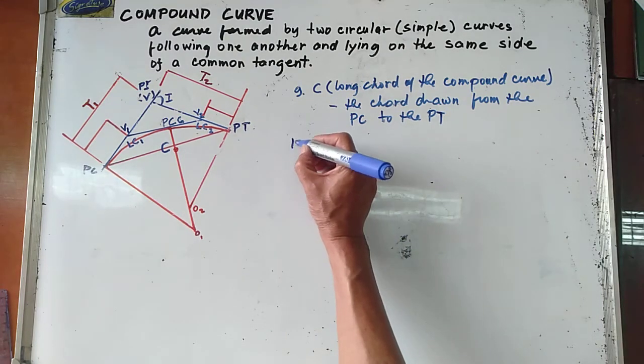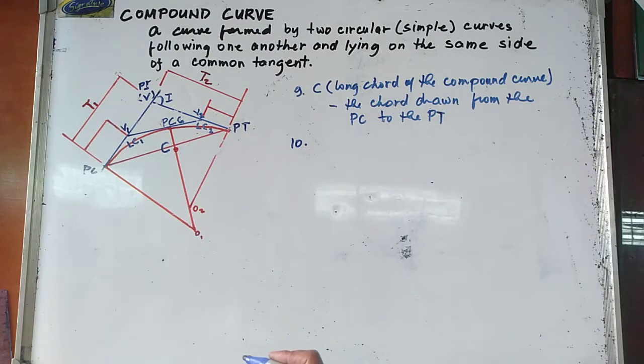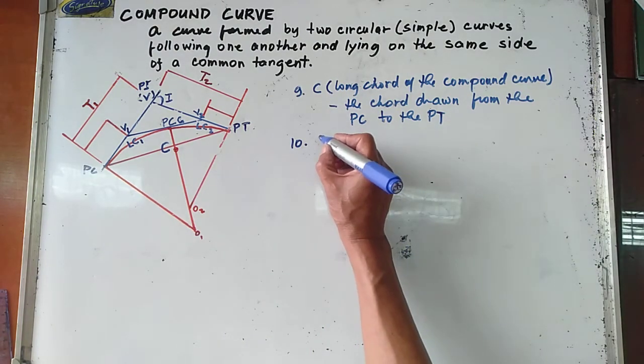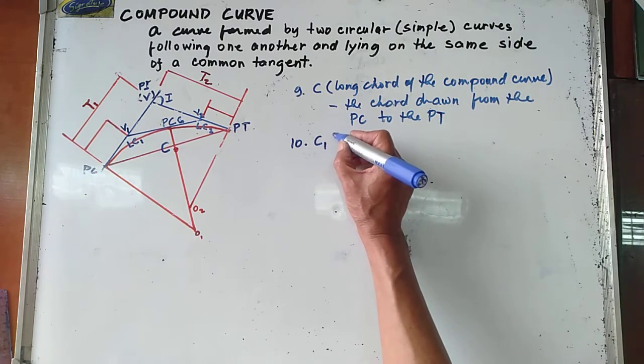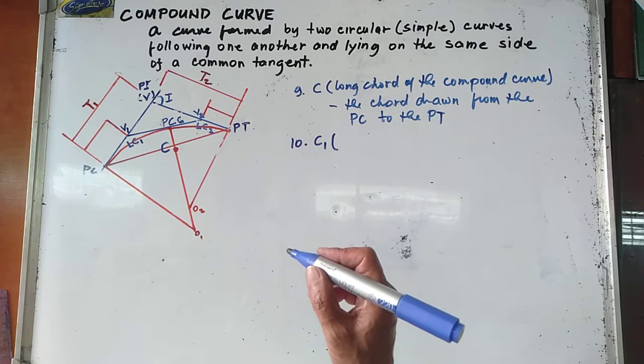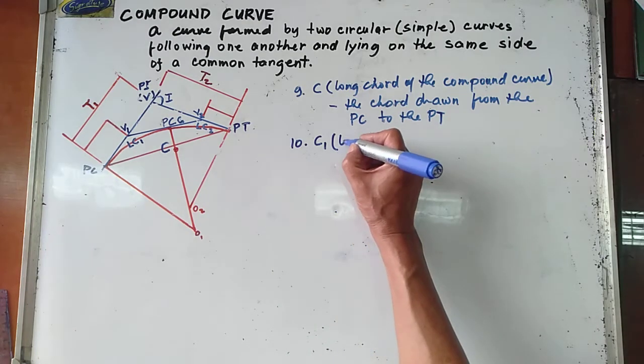Now another element of a compound curve is C1. So this is the long chord of the first simple curve.